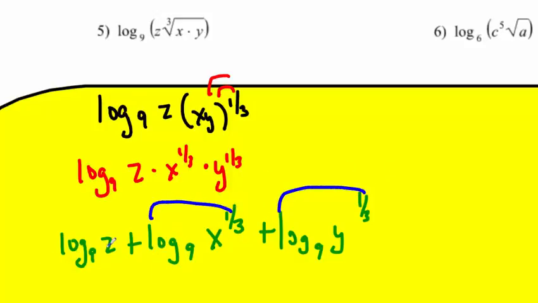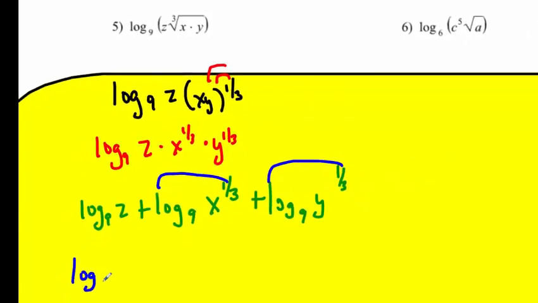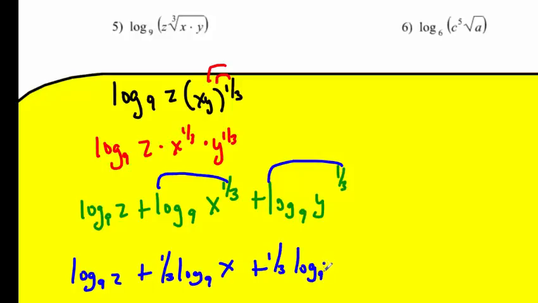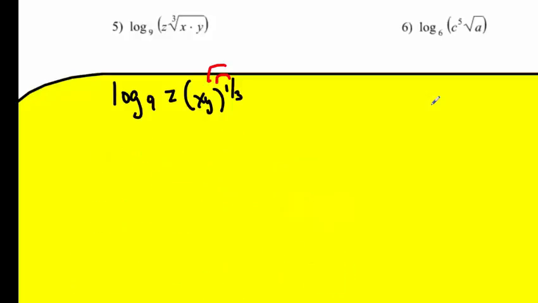So this one's as simple as it can get. The final answer: log base 9 of z plus 1/3 log base 9 of x plus 1/3 log base 9 of y. And that would be our final answer there.